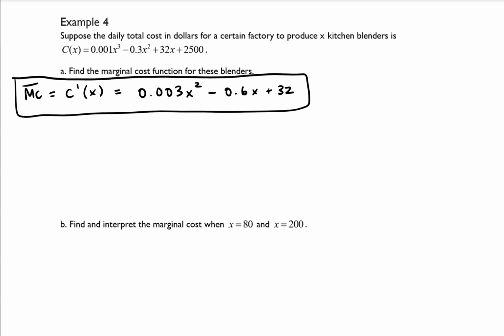Part B says find and interpret the marginal cost when x equals 80 and when x equals 200. So we want to do C prime of 80 and C prime of 200. So I'm just going to go ahead and plug those numbers in.